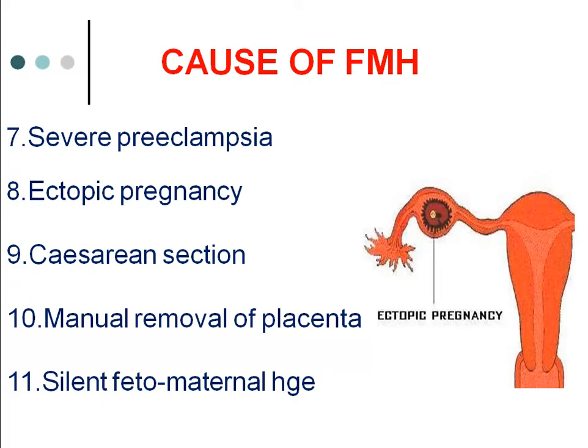And lastly, silent feto-maternal hemorrhage, where you don't find any such conditions, but still you find that some amount of blood has gone into the mother circulation. That means silent fetal maternal hemorrhage does occur without any one of these things.